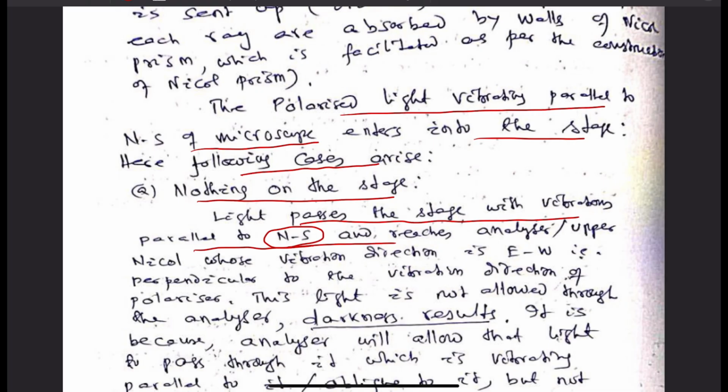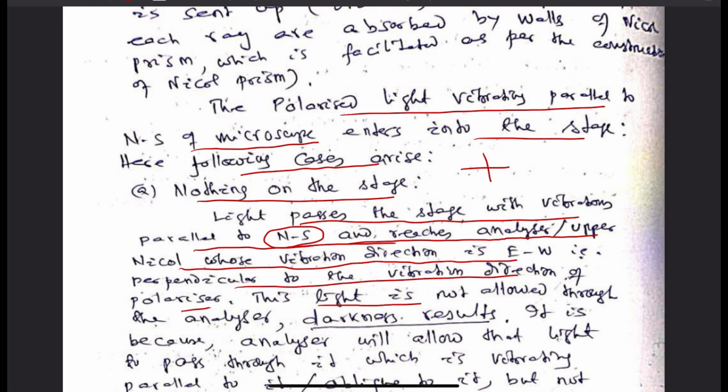So with nothing on the stage, it will simply pass with north-south vibration and reach the analyzer, or the upper nickel, whose vibration direction is east to west, because the analyzer and polarizer vibrations are mutually perpendicular, and this condition is called the cross condition. So the light, being perpendicular to the vibration direction of the polarizer, is not allowed to pass through the analyzer. Darkness results.